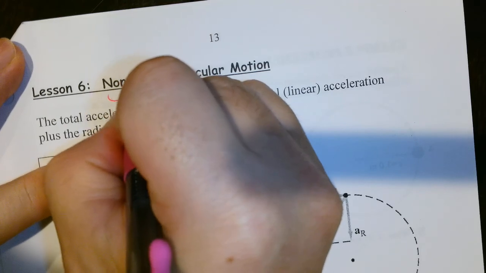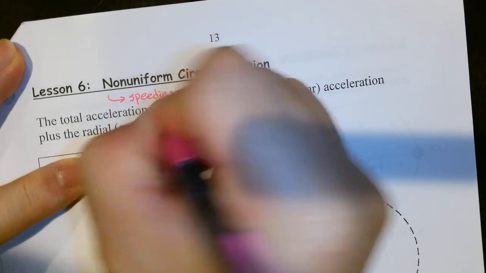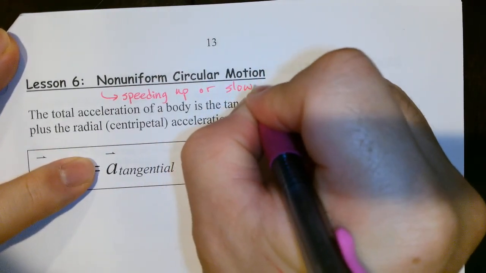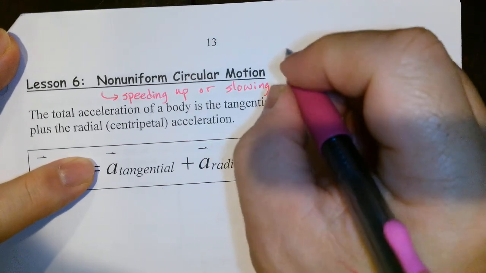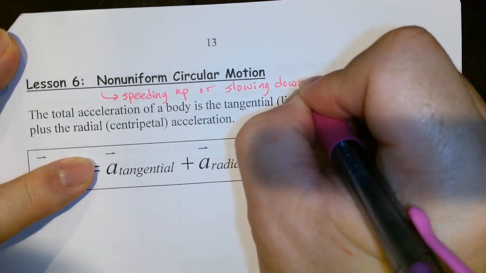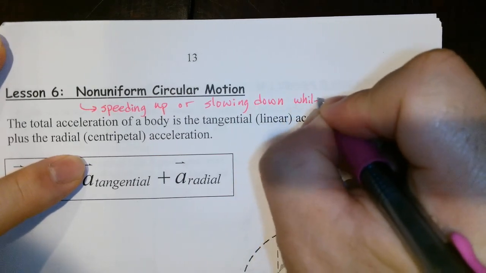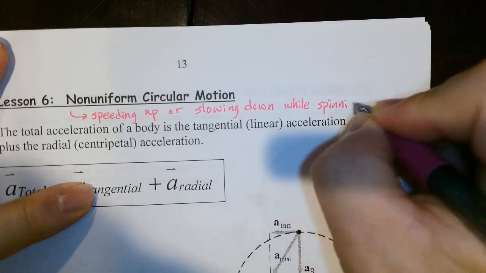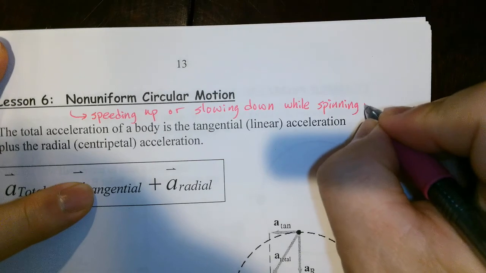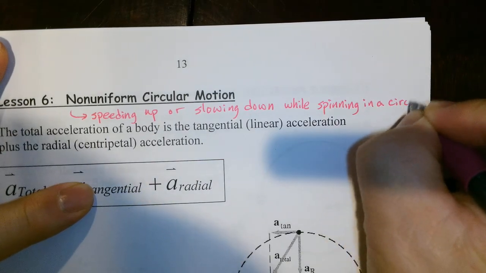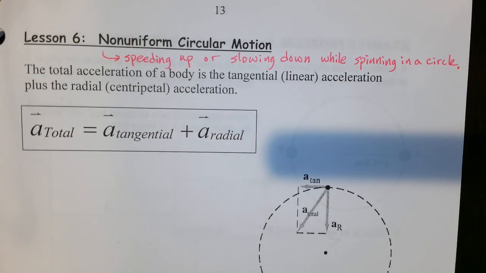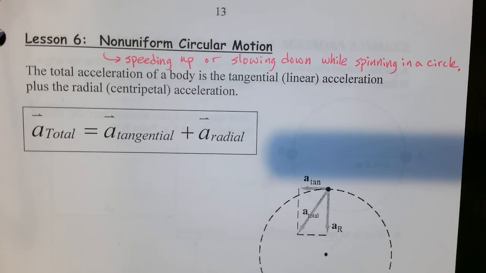So when things are going in non-uniform circular motion, the object is either speeding up or it could be slowing down while spinning in a circle. So when things are speeding up or slowing down while going in a circular motion, we have non-uniform circular motion.